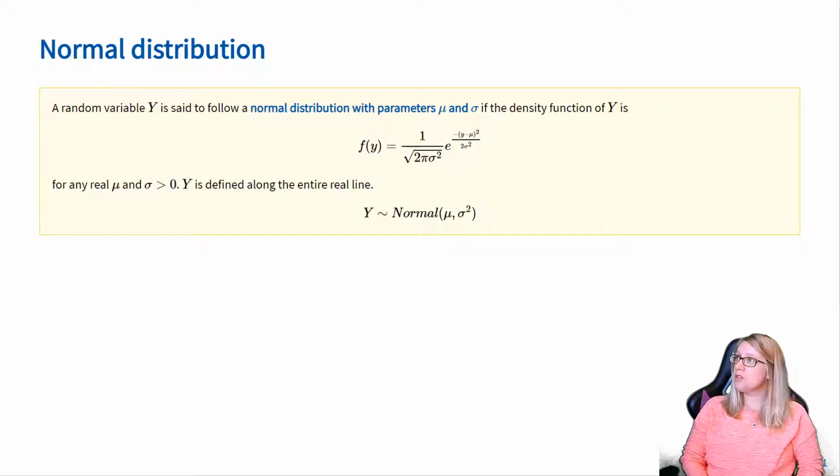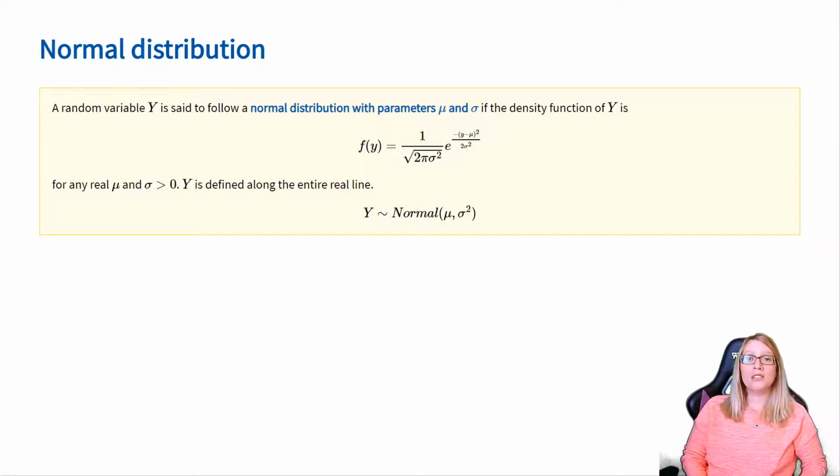The normal distribution looks a little bit more complicated compared to the distributions that we're used to working with so far. We say that a random variable y follows a normal distribution with parameters mu and sigma if the density function is 1 over the square root of the quantity 2 pi sigma squared times e raised to the negative (y minus mu) squared over 2 sigma squared.